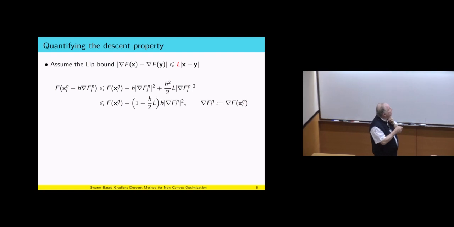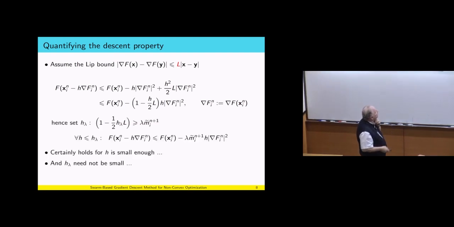And this tells you that if h is small enough, this is exactly what I said before, then this is bounded by a fixed number, and you get this decay which has to do with lambda times h times the gradient of f squared. Instead of taking lambda, we now replace lambda by the relative mass. It's still a fraction.